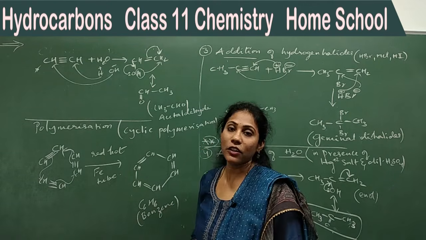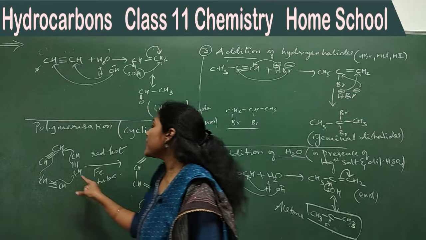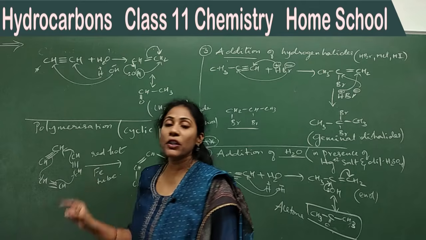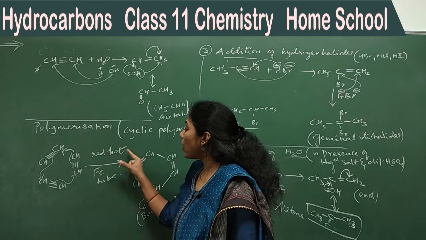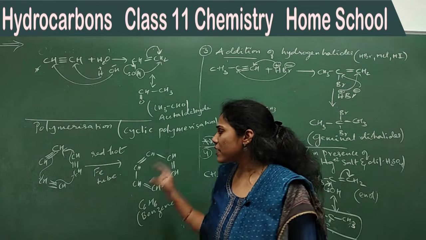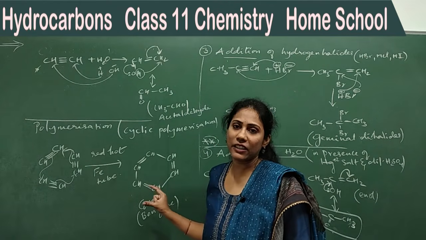Benzene you will get. So by polymerization of acetylene or ethyne, when you pass three molecules of ethyne through a red hot iron tube, you will get an aromatic compound called benzene. This is also the most important reaction.